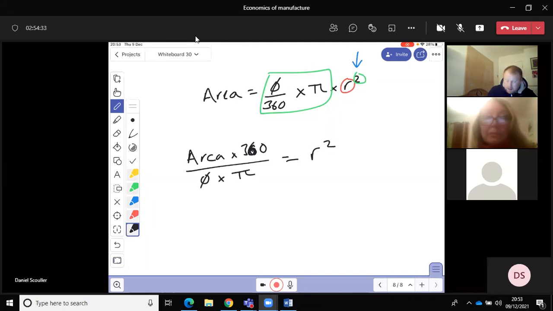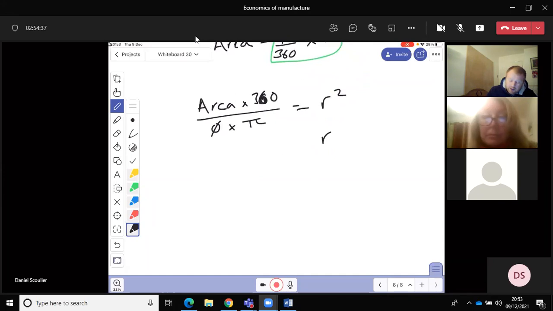And then r left, and you'd need to root everything in that. Now remember, when you're writing out this question, you'd solve that, so you'd have that number solved. Say area times 360 divided by angle times pi, and that left you with 25.